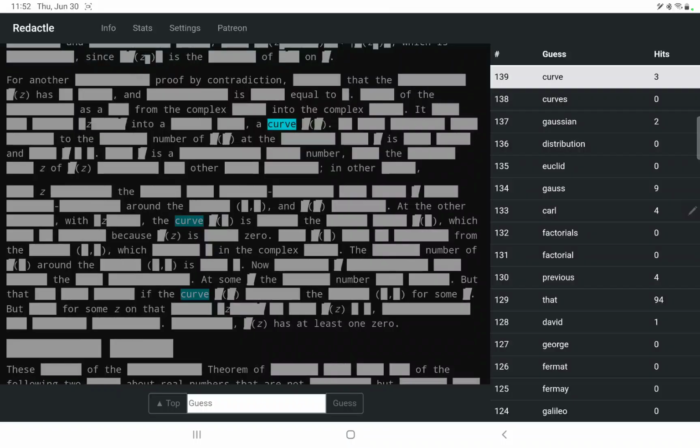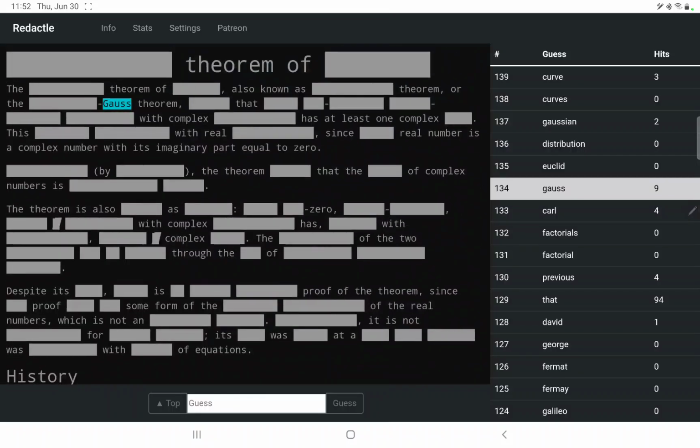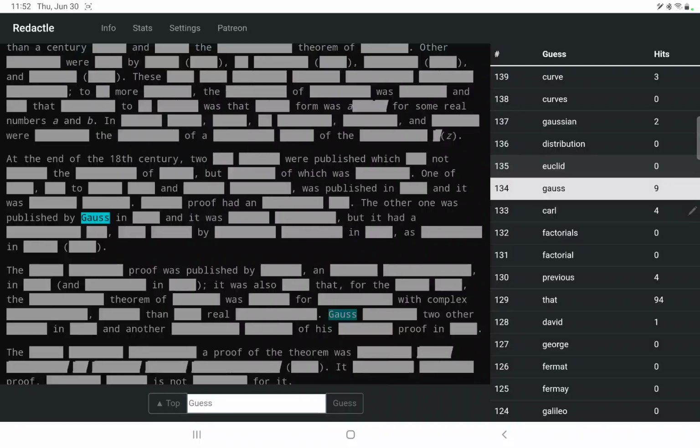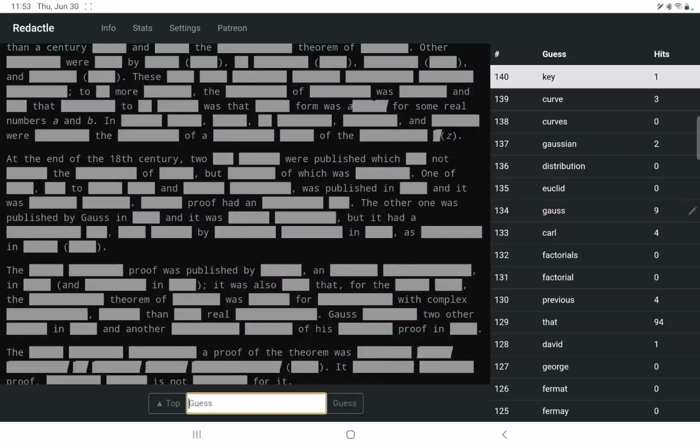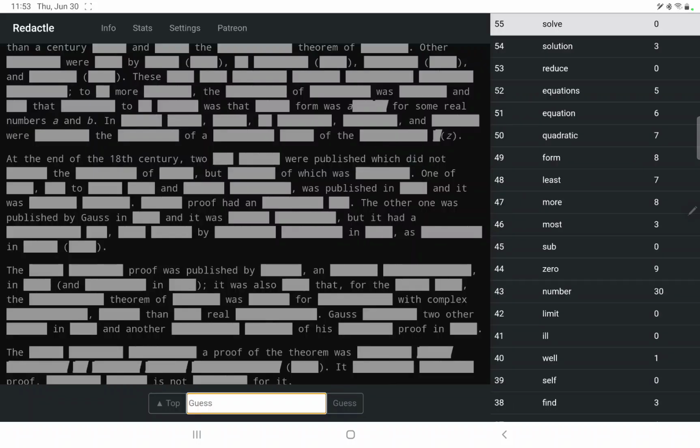Yeah, I'm not seeing anything. Maybe there was another Gauss. So let's look at Gauss again. Published by Gauss. To something, to key, maybe? No, to something were published, which did not solve.